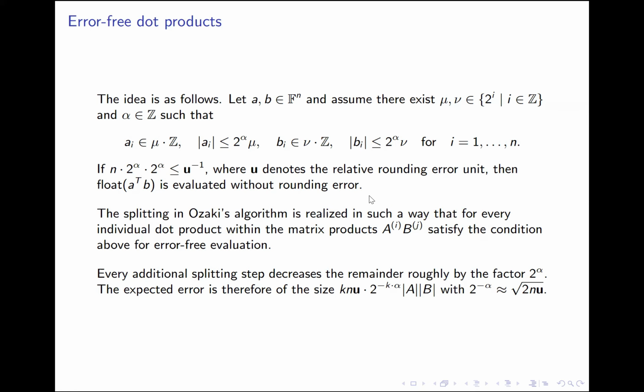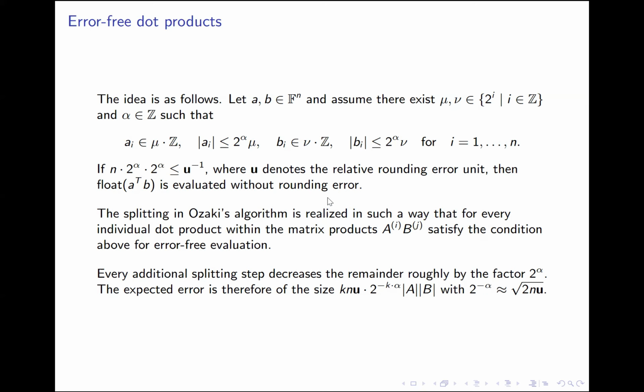Then all the entries of A have the same restricted mantissa range of alpha bits, and all the entries of B also have the same restricted mantissa range of alpha bits. So we can interpret it more or less like a dot product of integers if we just shift these vectors corresponding to mu and nu. Then this condition follows straightforwardly: if n times 2 to the power of alpha times 2 to the power of alpha is bounded by the inverse of the relative rounding error unit, then the floating point evaluation of the dot product A times B is evaluated without rounding error.